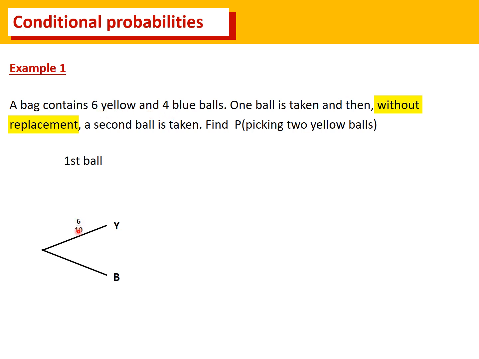The probability of obtaining a blue ball with our first pick is 4 out of 10. Now, when we're choosing the second ball, remember we've already picked a ball out of the bag and we haven't replaced it. So now our probabilities don't stay the same.